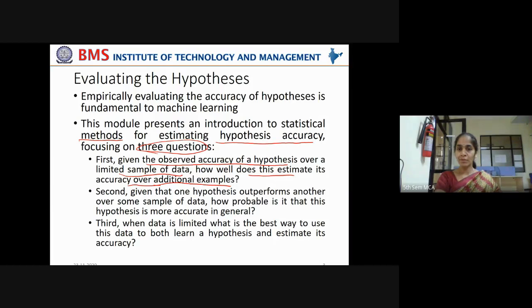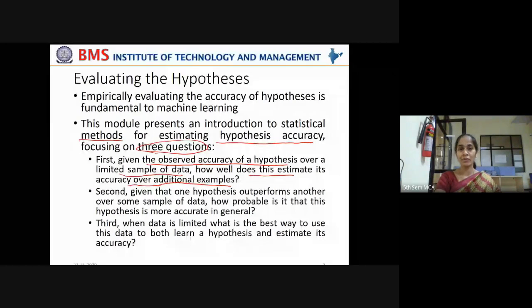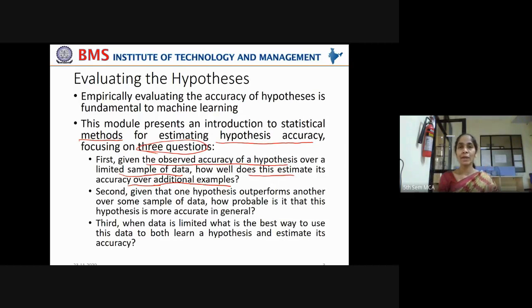So, given the observed accuracy of a hypothesis over a limited sample of data, how well does this estimate its accuracy over additional examples? Your hypothesis is true for the sample that you have collected, but how well does that estimate its accuracy over examples that you collect later, or how well does it generalize to new data?